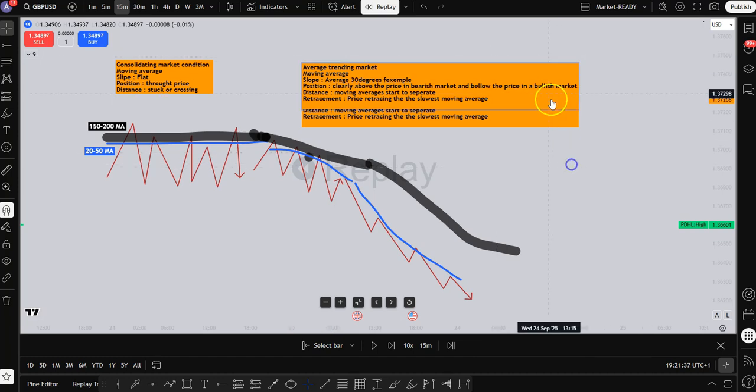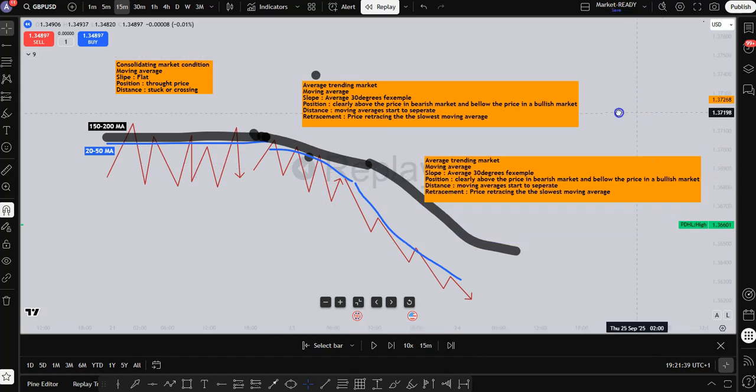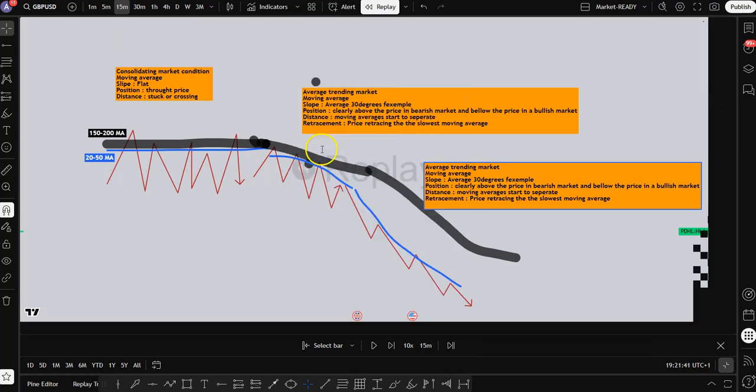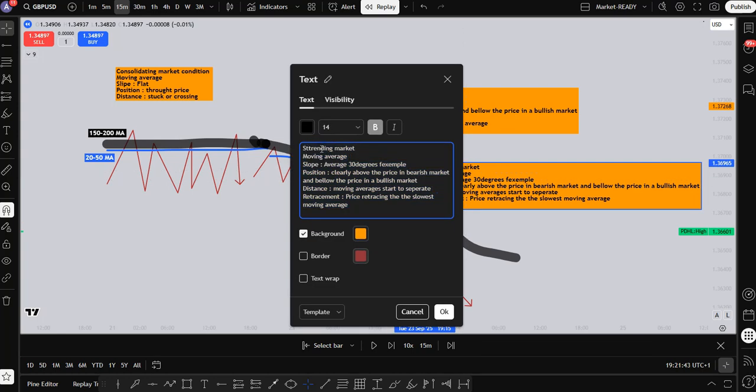Now, for the strongly trending market, the slope is sharp, can have even 45 degrees. The position is clearly above the price in a bearish market.